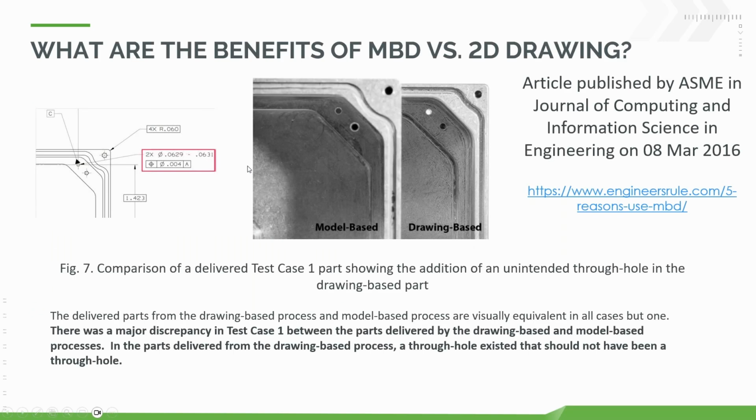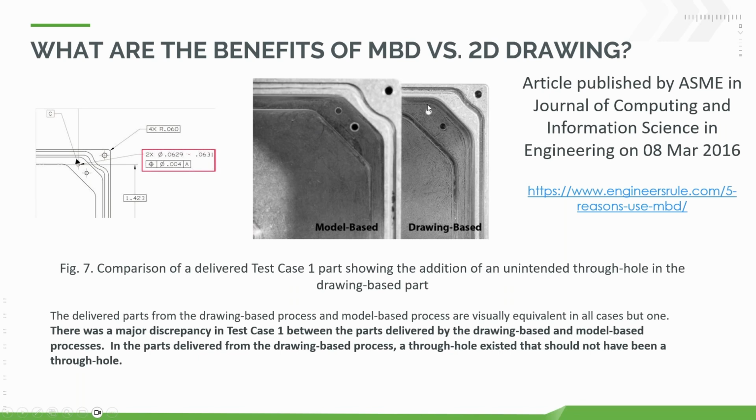So here's an example of a drawing, which you can see on the left, which was communicated, let's say initially, via 2D. If you understand all of this stuff, then you might read that and say, okay, this could be interpreted in multiple ways. Now, if we look at the real world, these are photos of the real world result.